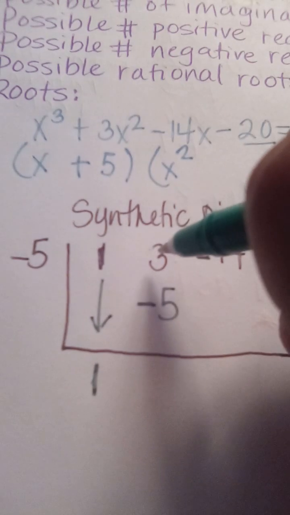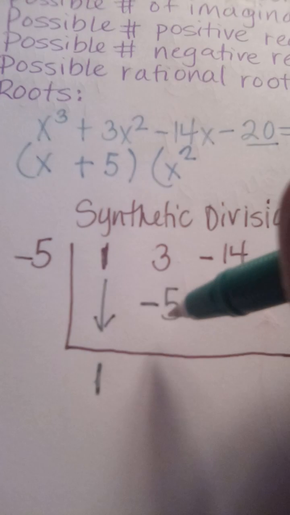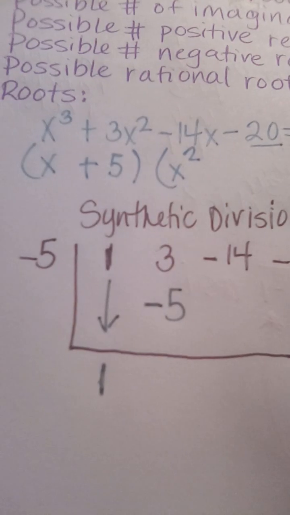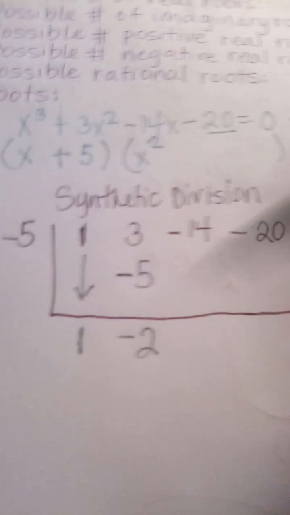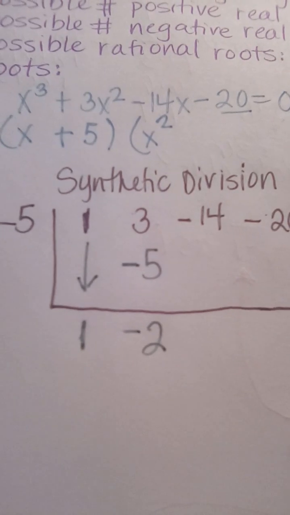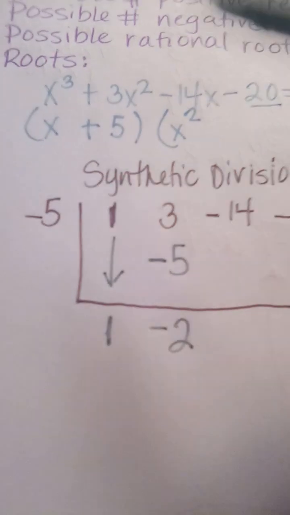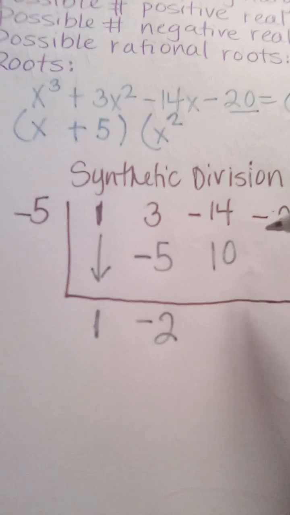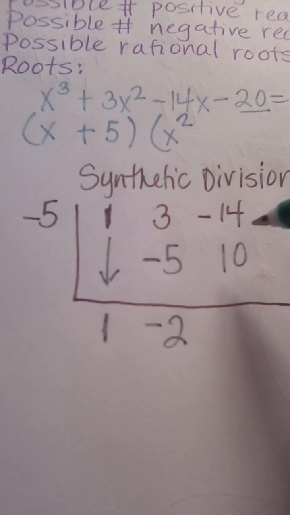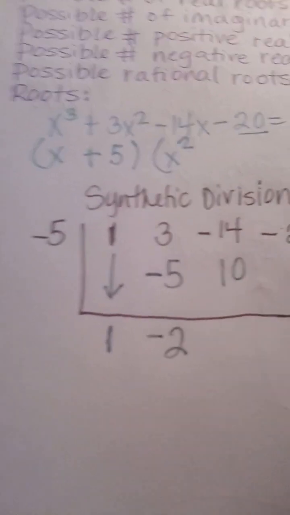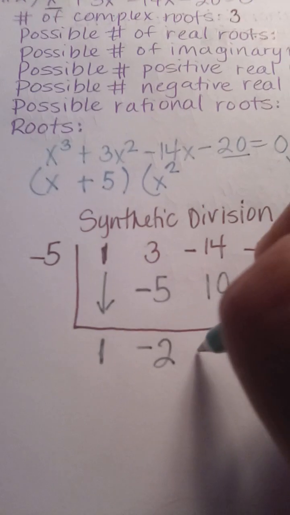What is positive 3 minus -5? And -2. Okay. So far, so good, right? Then you do -5 times -2. That gives us a positive 10. Then we have -14 plus 10. That gives us a -4, I believe. Yes, a -4.